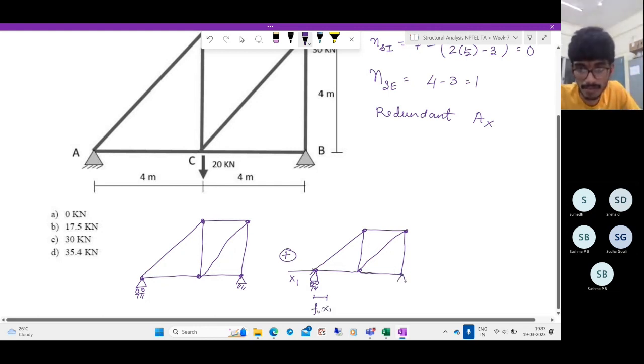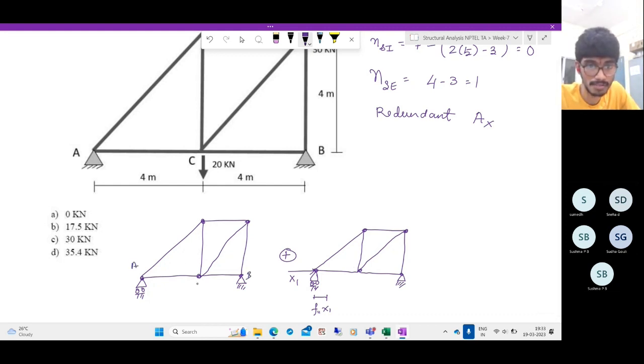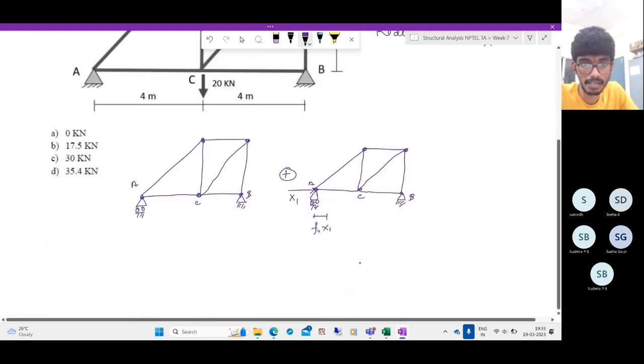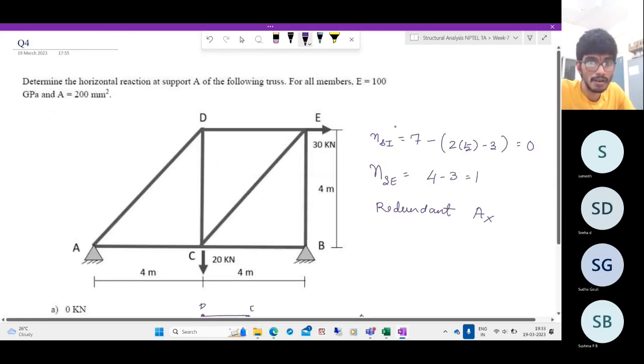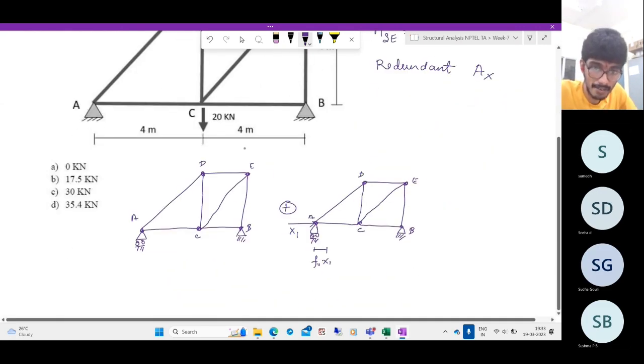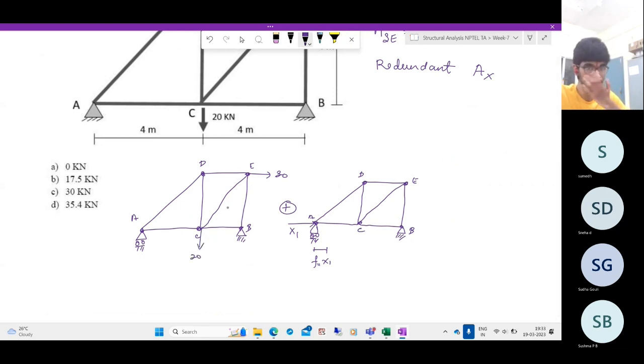Here we have the other structure, with joints A, B, C, and I have 30 kilonewtons acting here and 20 kilonewtons acting here. So this is our structure 1. This is our structure 2.